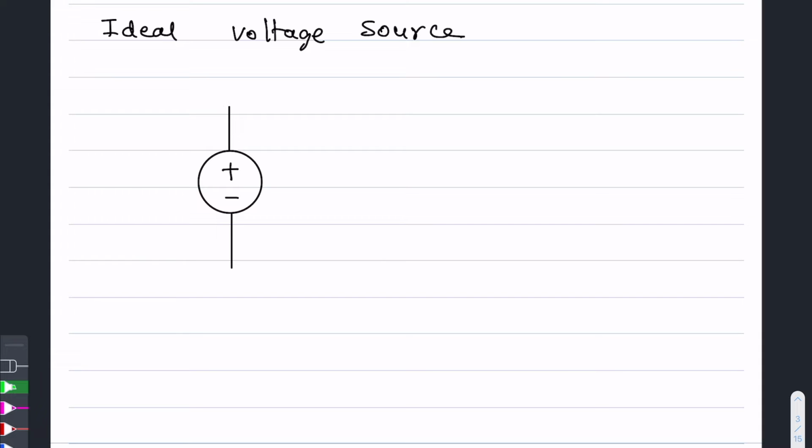When you see this plus and minus sign, a symbol that shows a voltage source, often shown with a letter V. An ideal voltage source is one that provides a constant voltage across the terminals.